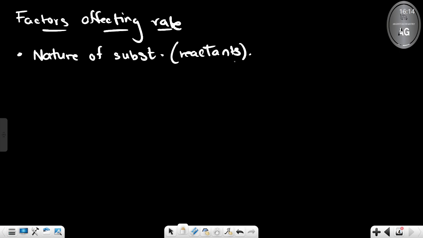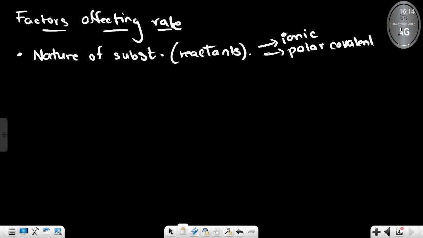Which substances, if we use them, will give a greater rate of reaction? Ionic substances. If we use ionic substances, they will give a better rate. Why? Because ionic substances can form ions in the solution, which react very fast. Clear? If we use ionic or polar covalent compounds, then also it will work.